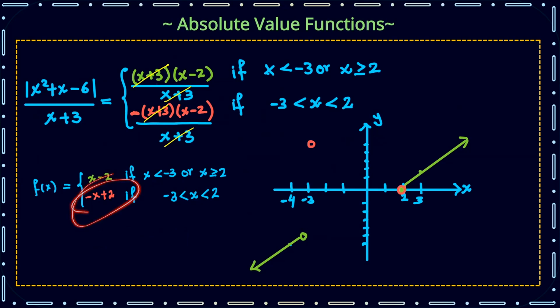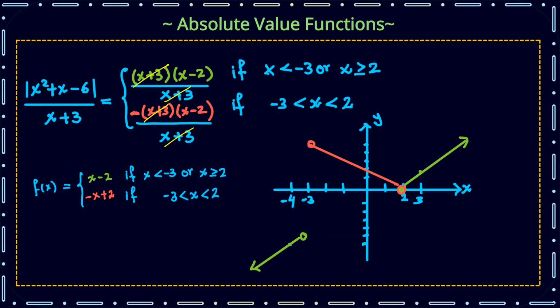This piece starts here and ends there. This hole is already filled in by the green line. X equal to 2 is in fact in the domain, so it's not as if there is a hole there. The hole was filled in by the green line.